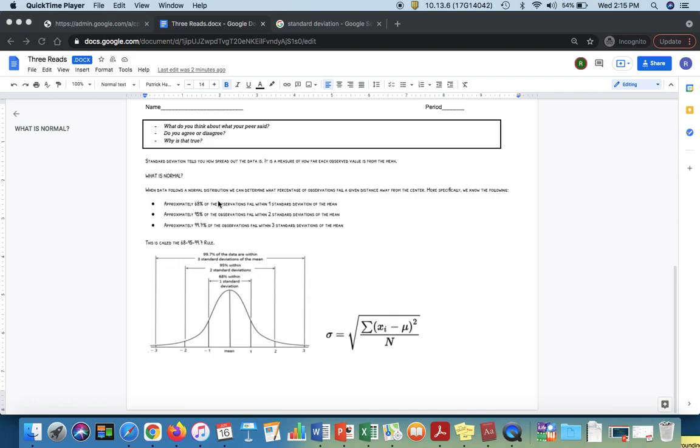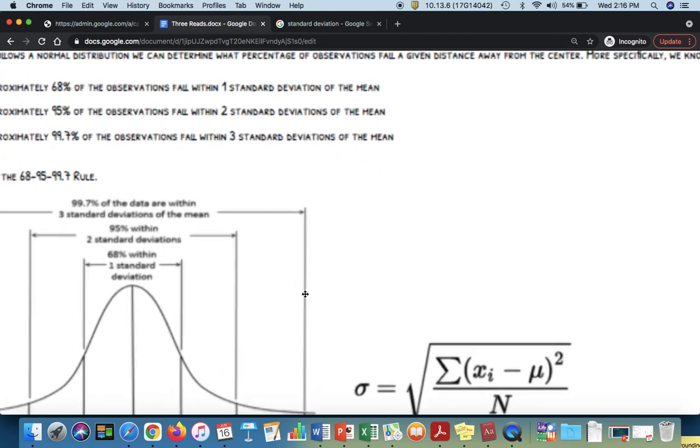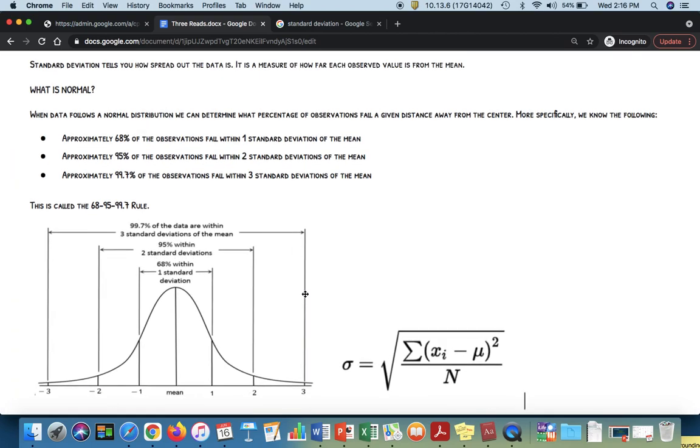One more thing that you could mention, and that's going to be within reference to the 68, 95, 99.7 rule, and it's not necessarily vital to this activity, but it is something that carries heavy weight within that topic, and it might be something interesting to talk about. So what is normal?